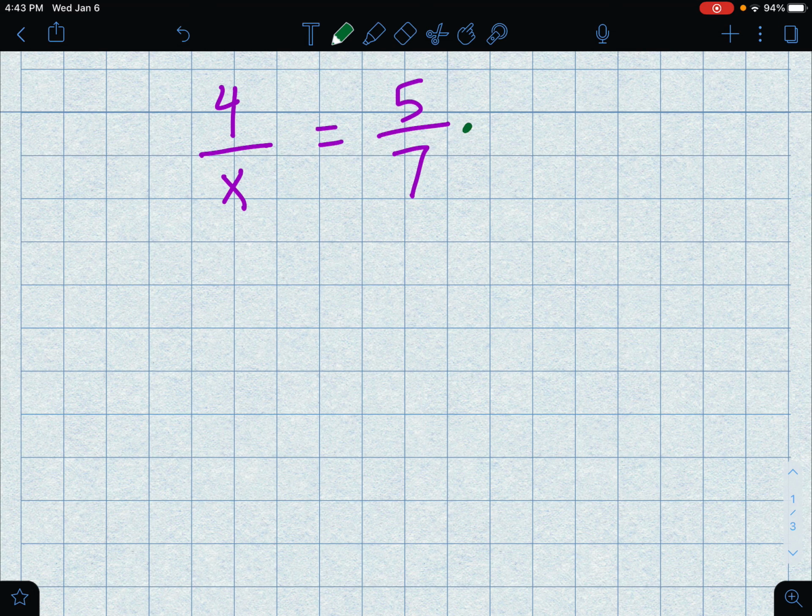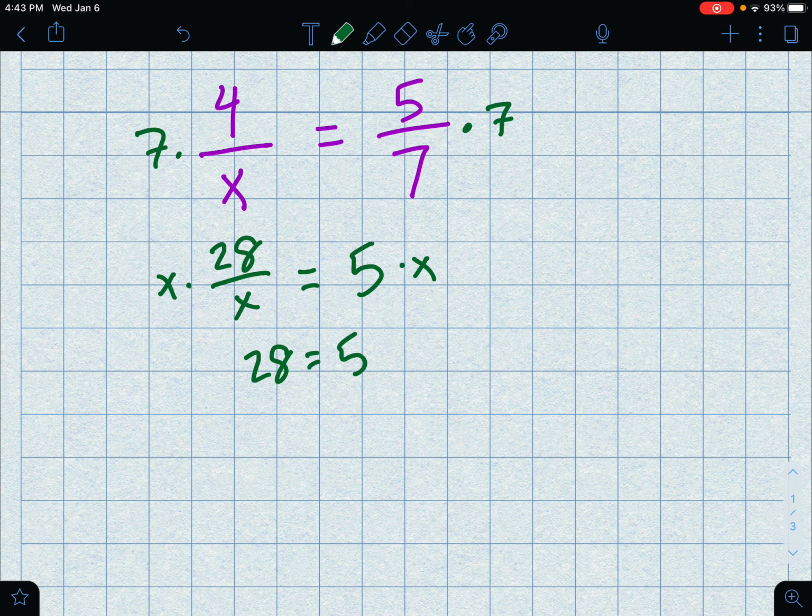I'm undoing dividing by 7. And then I'm going to undo dividing by x by multiplying by x. And then normal algebra maneuvers.